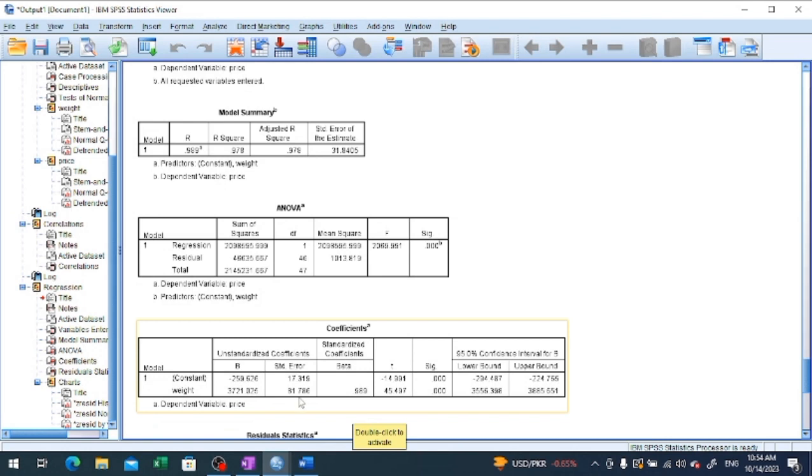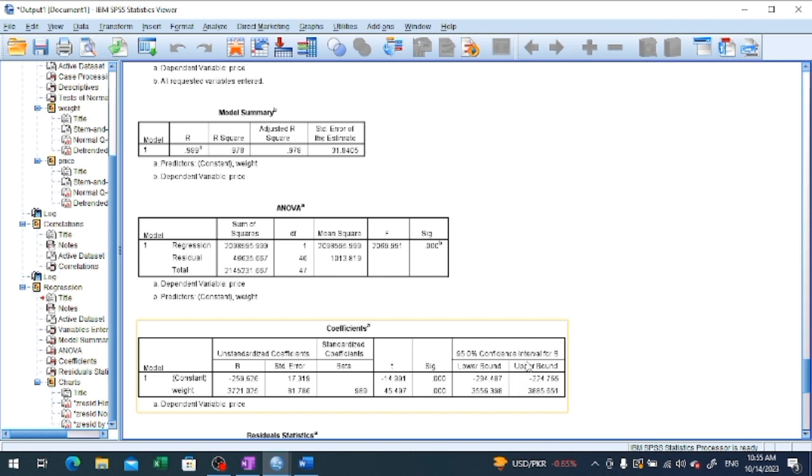Their standard errors are given. Their beta coefficients, the standardized coefficients, are given. Their t values are given. We will use t values to perform the hypothesis test again, along with the associated significance, because we are going to follow the p-value approach, so significance or p-values are needed over there.